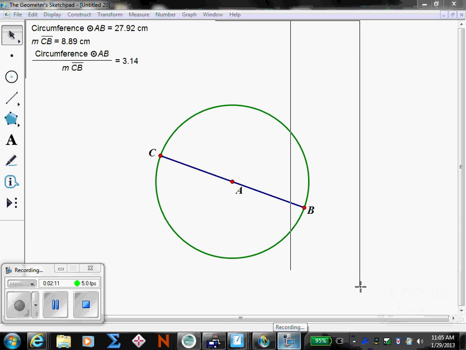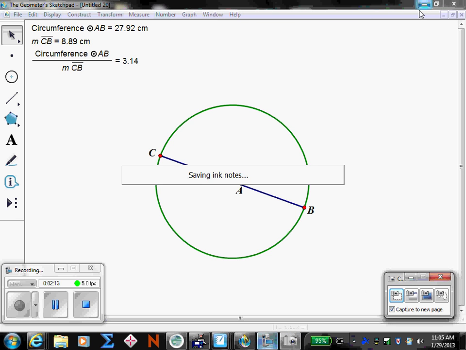So let's put this in our notes and complete the conjecture.